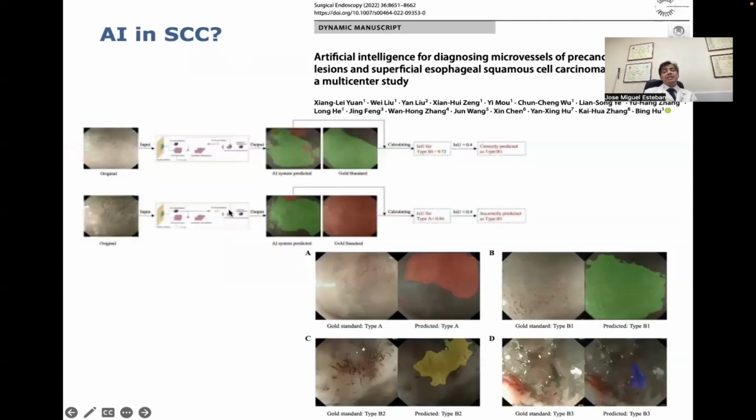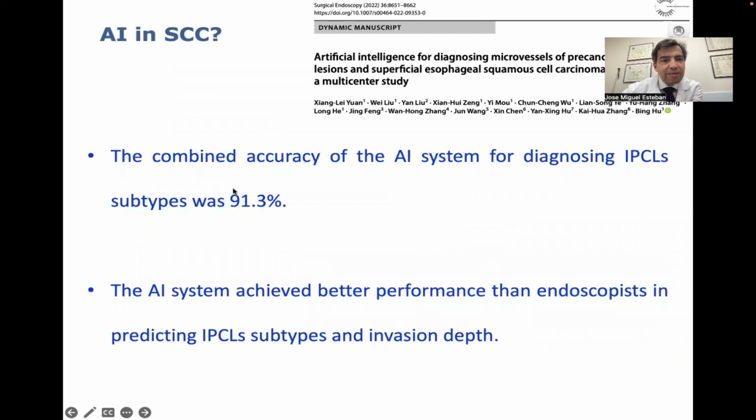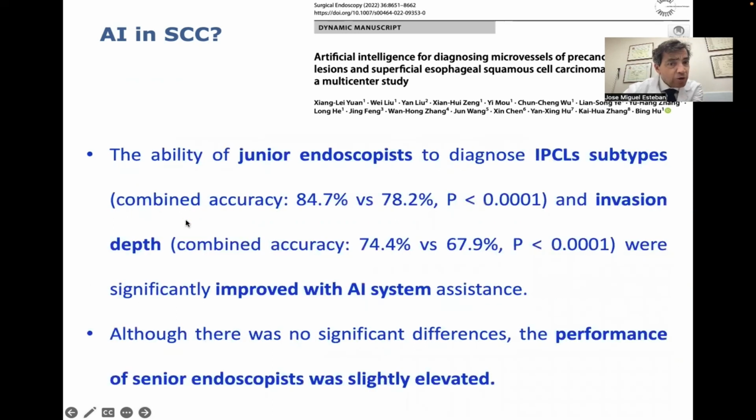And just the last will be artificial intelligence. This was published in post-processing imaging of artificial intelligence this year, 2022. And as you can see, the combined accuracy of artificial intelligence was 91% and achieved better performance than endoscopists in predicting IPCL subtypes and invasion depth, especially for junior endoscopists.